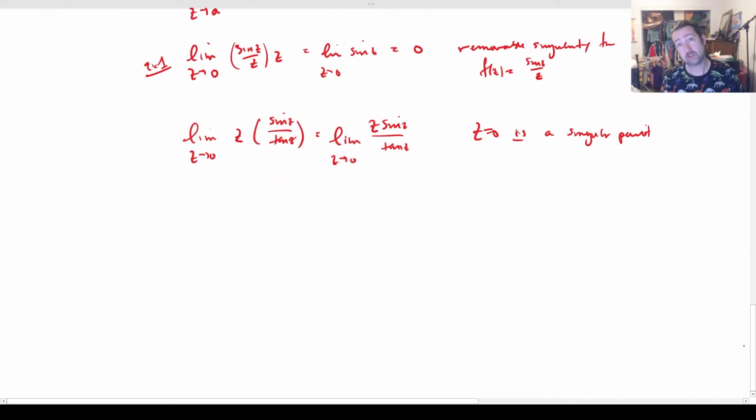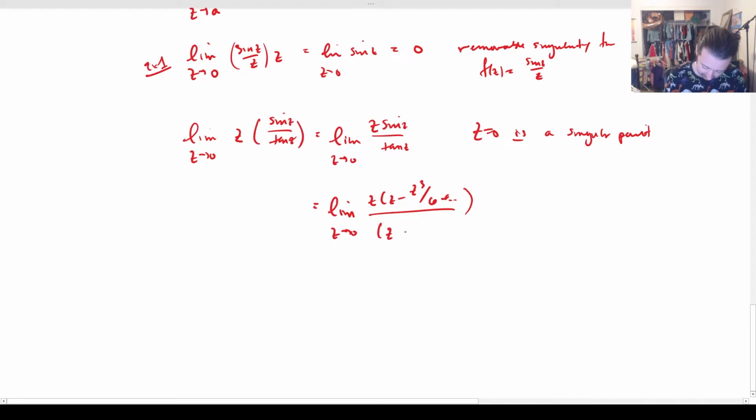So one observation that you can make here is that you can replace z sine z with its power series and tangent z with its power series. That'll look like the following. We're going to get z times z minus z to the third over 6 and so on, divided by the power series for tangent, which is z plus z to the third over 3 plus 2z to the fifth over 15 and so on.